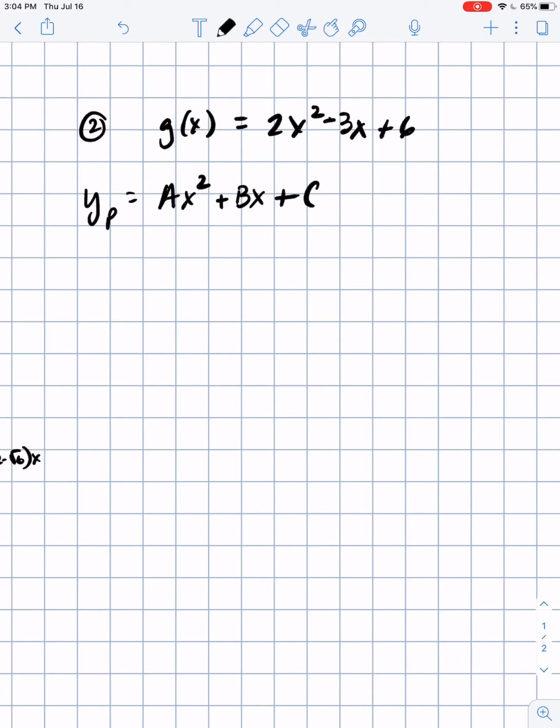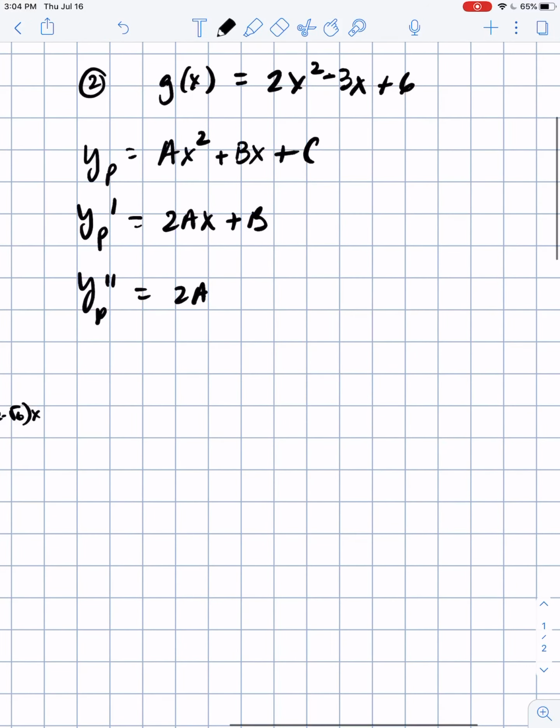And then we take the derivative and second derivative of each of these, and rewrite the differential that we got.